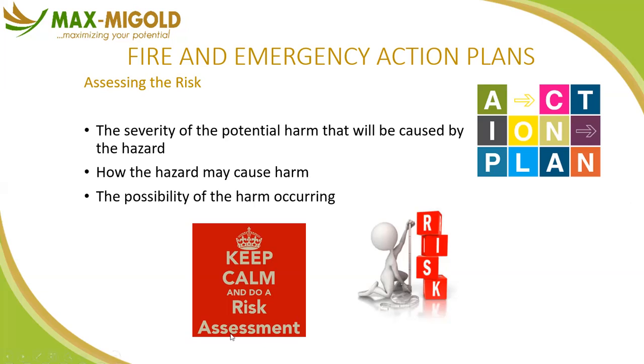So here we're saying, for us to assess the fire, we need to understand how it will emanate, how this fire is going to start, what's the likelihood, which is the possibility or probability, and what is the severity of the potential harm that will be caused by the welding activity itself, or by the hazard that we might have identified. Next slide, please.